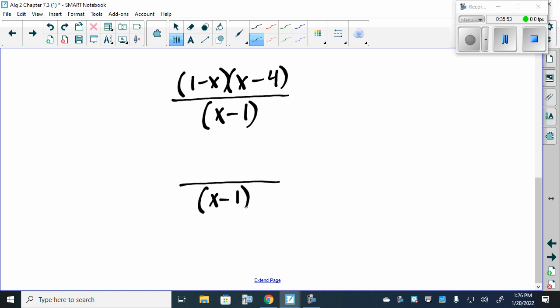And what we can do is we can factor out a negative 1. Because if we factor a negative 1 out of the 1 minus x, if I factor a negative out from the negative x, the x is going to go from negative to positive. So it'll be a positive x. And the positive 1 is going to go from being positive to being negative.